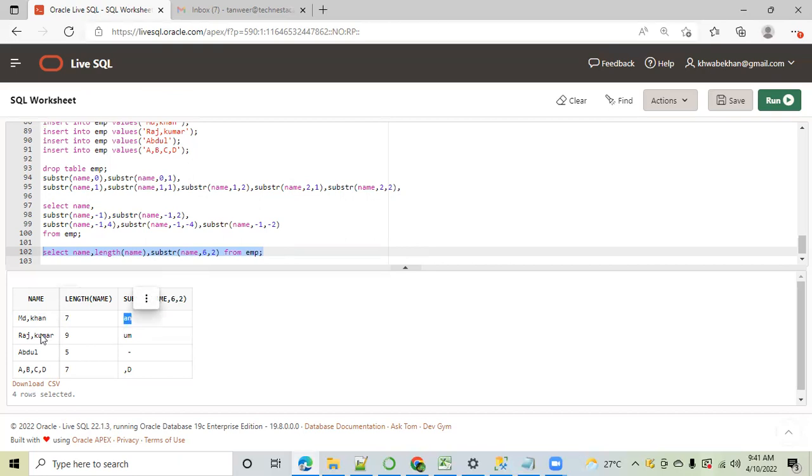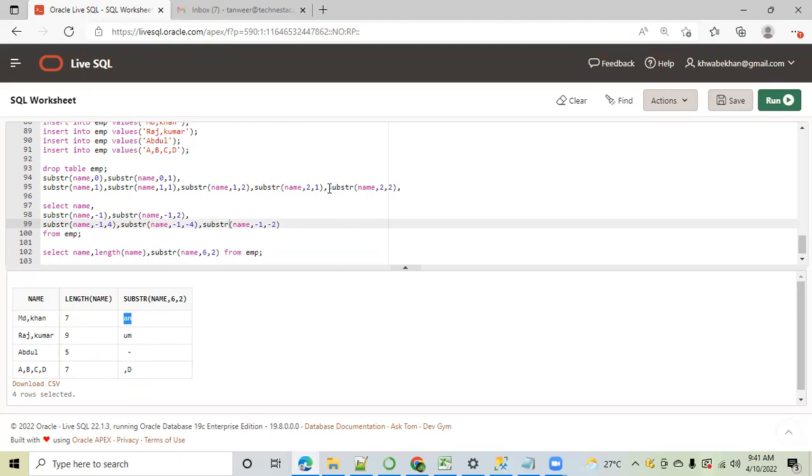What I have done is told the SQL engine to start from this position, A. Now A is at which position? Sixth position, because M is first, second, third, fourth, fifth, sixth. I told the SQL engine to start from the sixth position and move two characters, so A and N, you got AN here. Is this clear?